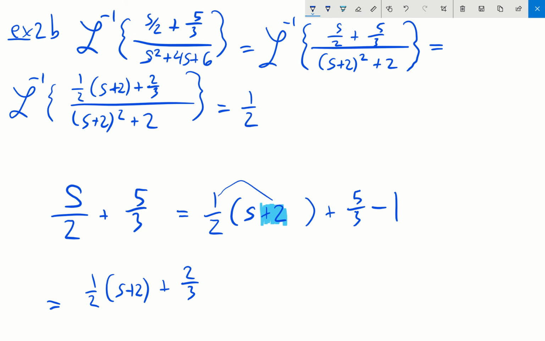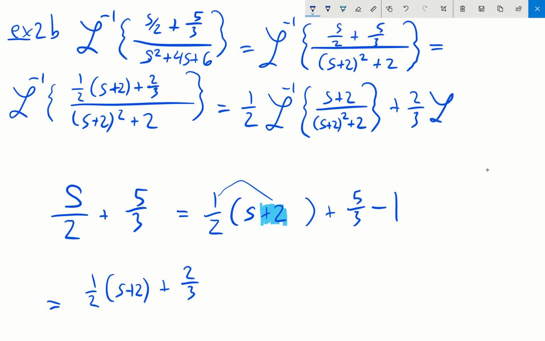We can write it as 1/2 times the inverse Laplace of (s plus 2) over (s plus 2) squared plus 2, and then plus 2/3 times the inverse Laplace transform of 1 over (s plus 2) squared plus 2. And now that we're here, we should be able to finish it off.